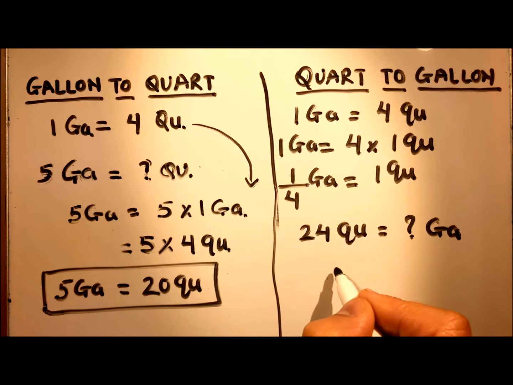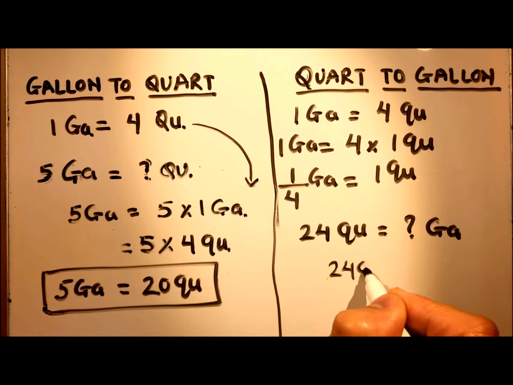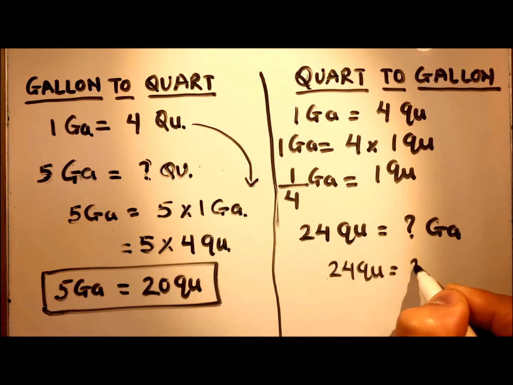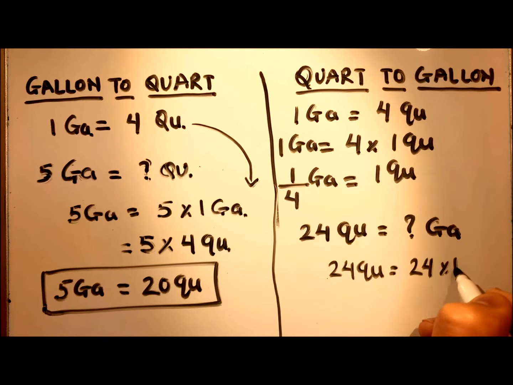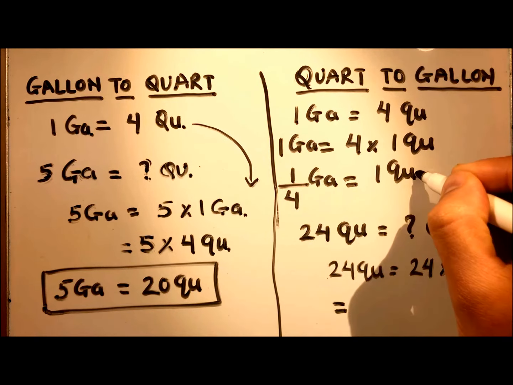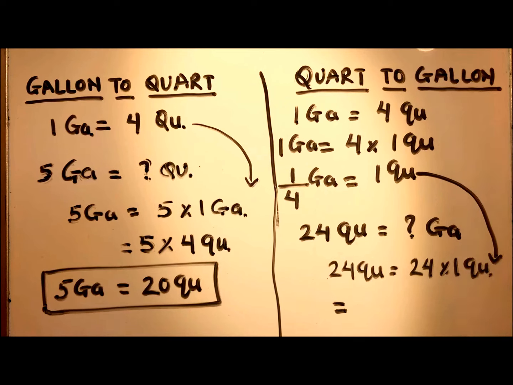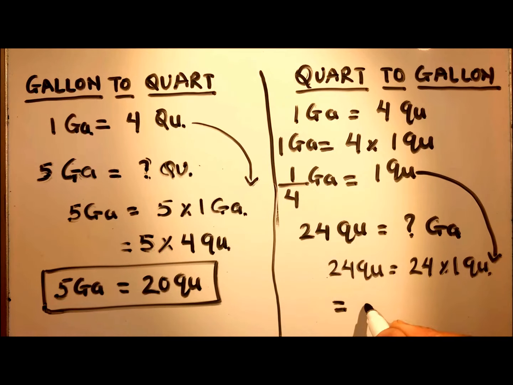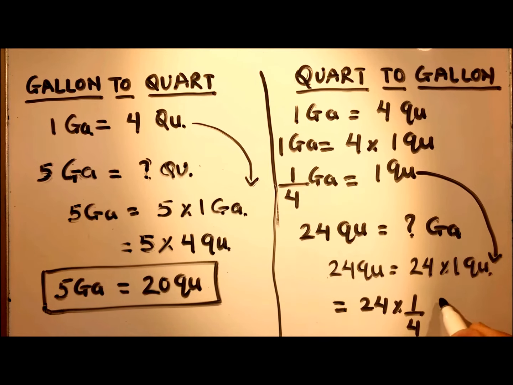So we'll write 24 quarts as 24 times 1 quart. Now in place of 1 quart we'll write the value of quart in terms of gallon, which is 24 times 1 over 4 gallons.